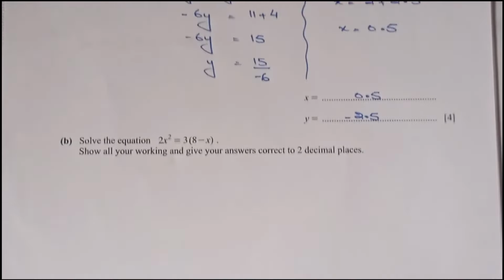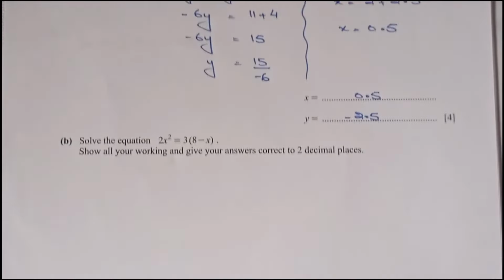This is a quadratic equation. We can solve it by using the quadratic formula, that is, x equals minus b plus or minus the square root of b squared minus 4ac, divided by 2a. So what are a, b, c? a is 2, b is 3, and c is -24.